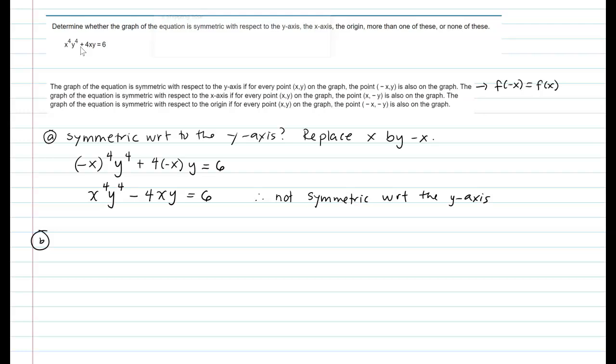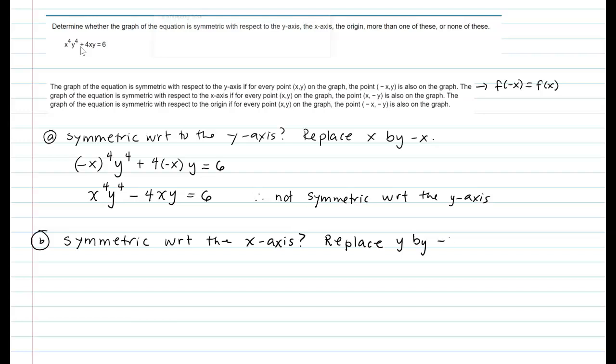Okay, so let's check whether it is symmetric with respect to the x-axis. To do that, we will have to replace this time y by negative y, and see if you get the original equation back.